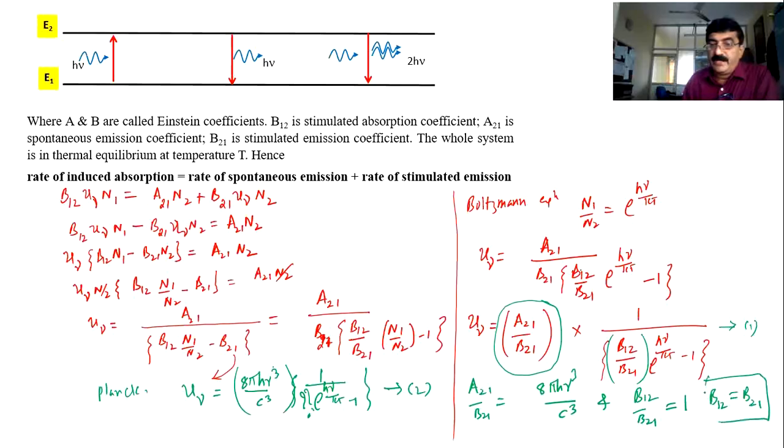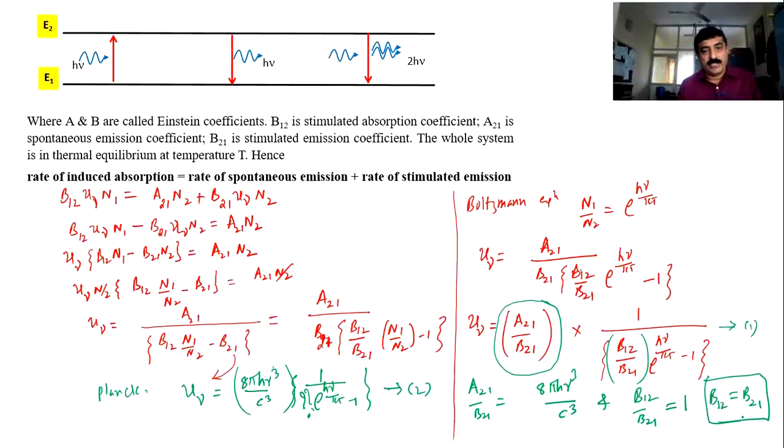So according to Einstein's theory, B12, that is stimulated absorption, is equal to B21, that is stimulated emission. That means the rate of stimulated absorption is equal to the rate of stimulated emission.